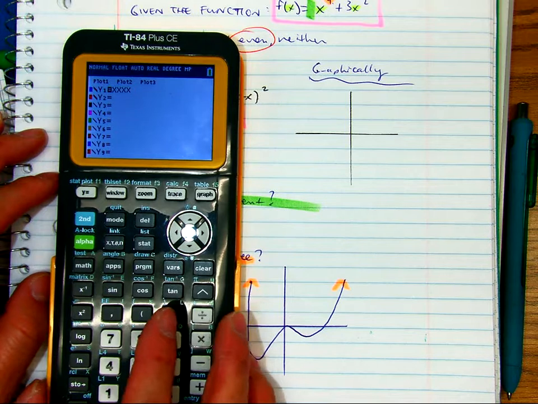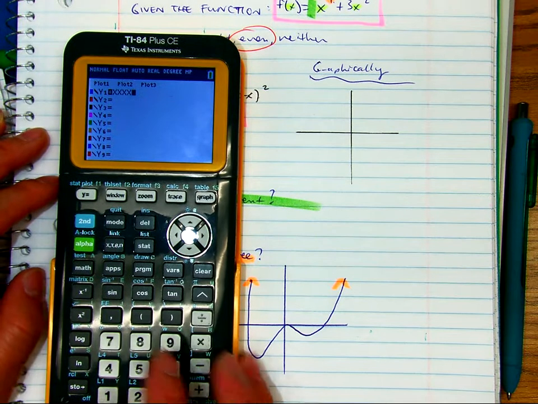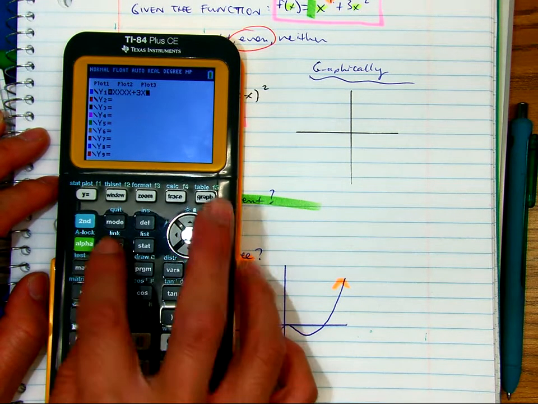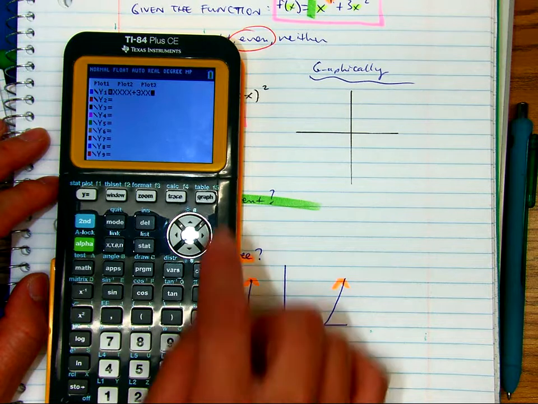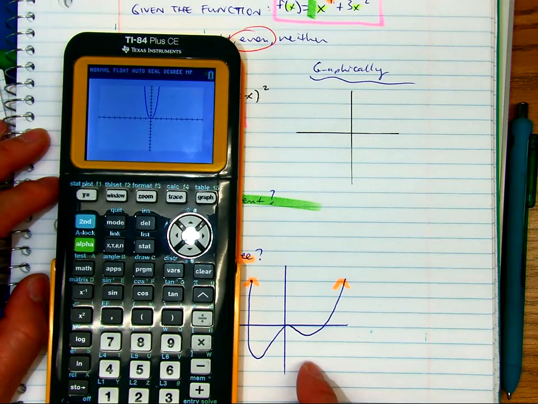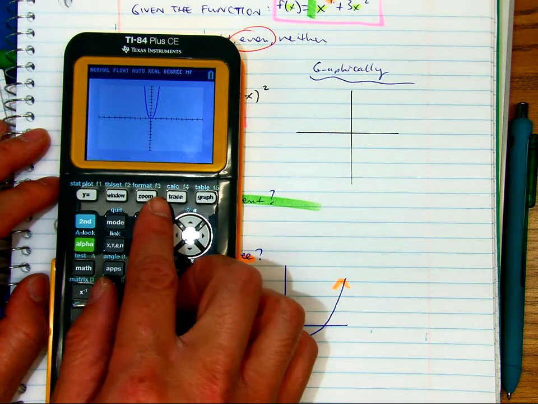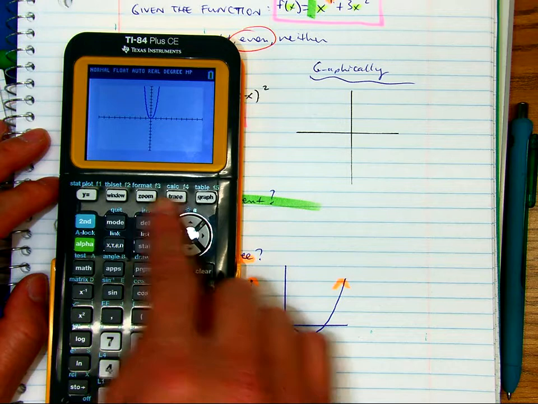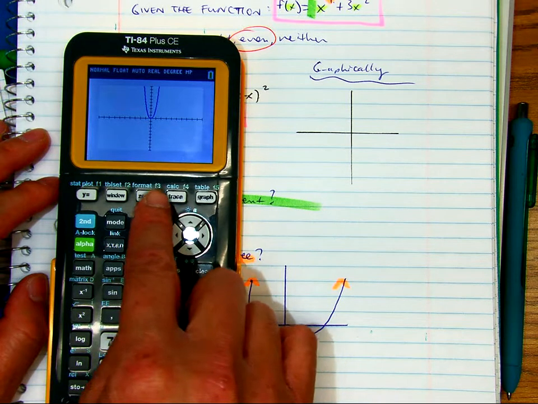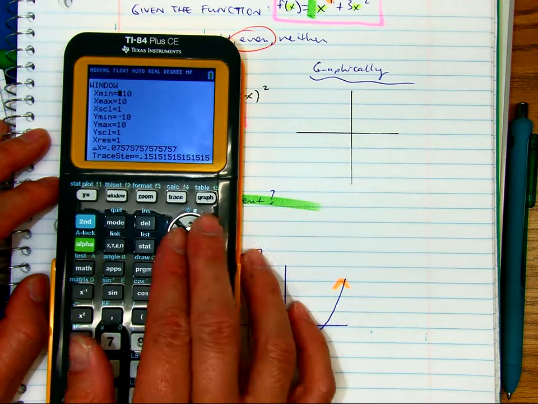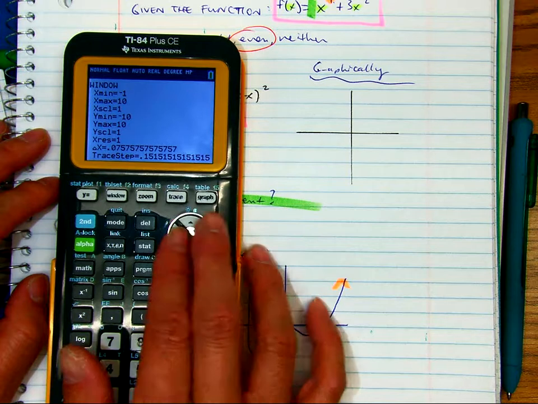Okay, let's look at it graphically now. My shortcut, if you're using Desmos, if I allow you to, plus 3x squared. Graph it. Okay, just look at my graph now. I'm going to change my zoom. X minimum, maybe -1.